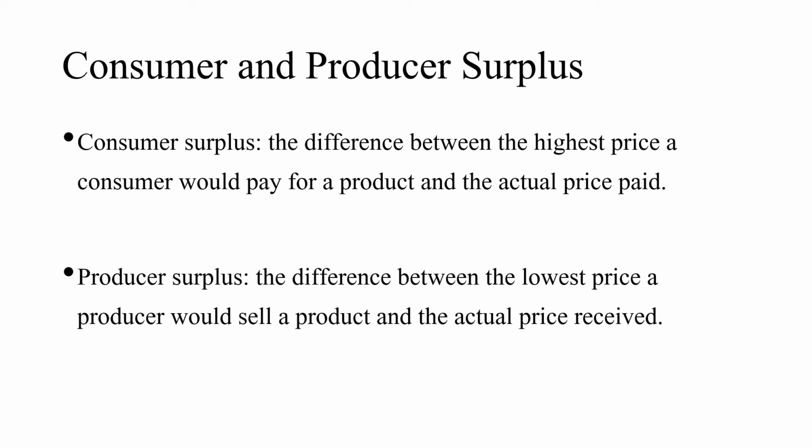Consumer surplus is the difference between the highest price a consumer would pay for a product and the actual price paid. And the producer surplus is similar to that: the difference between the lowest price a producer would sell for and the actual price received for the product.